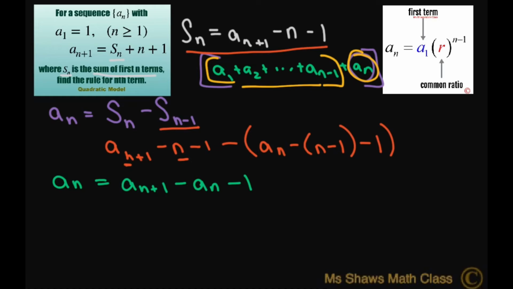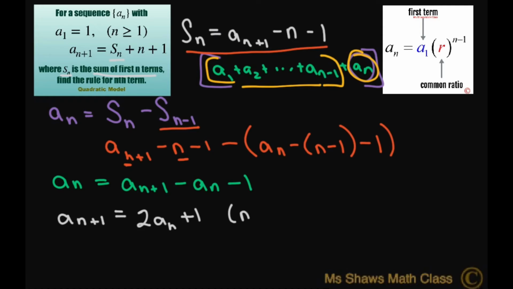All right, from there, we're going to find the rule for the nth term. So for that, we're going to write a sub n. Let's do a sub n plus 1 equals 2 a sub n plus 1.